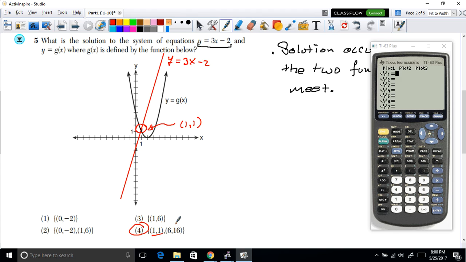Now, 6, 16 is not displayed here, but in order that this function keeps going up and this function keeps going this way, they're going to meet somewhere around here. And that is the other point, 6, 16. But we know for sure that they're meeting at 1, 1. So here, option number 1. I'm sorry, option number 4.